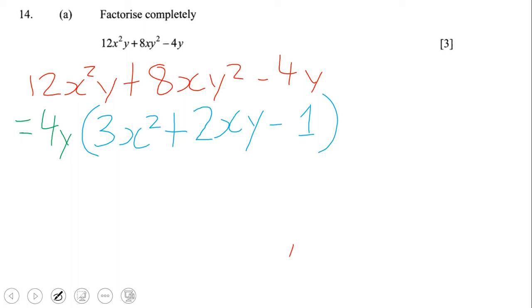Okay, so can we try another one? So try this one on your own.